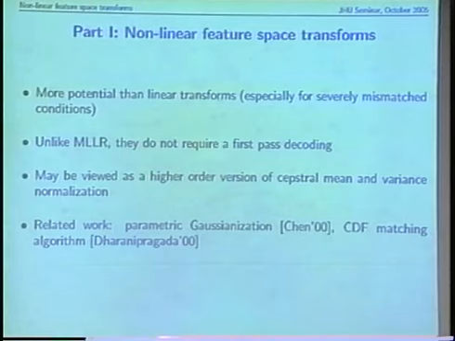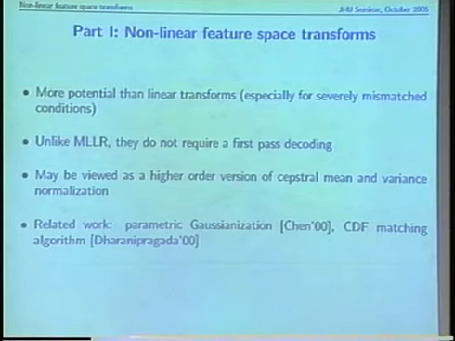To give you an idea why nonlinear transforms have more potential: when you use a regression class-based MLLR, so you use multiple MLLR transforms, you usually cannot outperform a single linear transform. So this points to the fact that nonlinear transforms have some hope. Also, we will see that these techniques don't require first-pass decoding, which is a big advantage if you operate under tight time constraints. So we can apply them in a totally unsupervised manner.